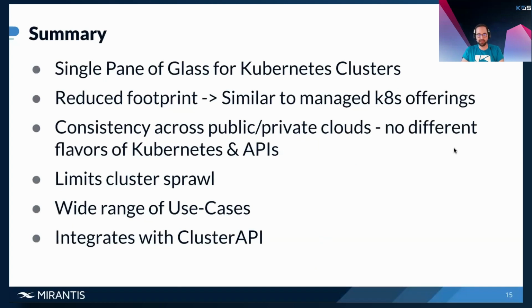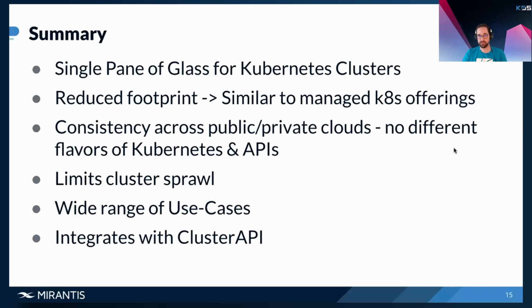So I've mentioned it's a single pane of glass for all Kubernetes clusters. Not for all, if we just look exclusively at k0smotron. k0smotron itself is a controller that can create k0s control planes. It reduces the footprint, as mentioned earlier, so you can have a similar experience as, for example, EKS or AKS. So you don't need to run the control plane within those different public or private clouds.